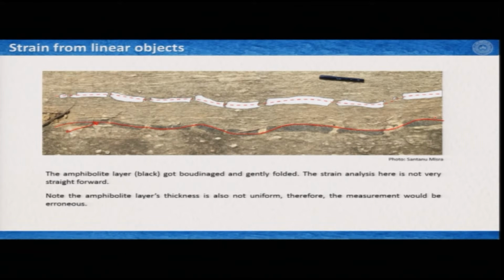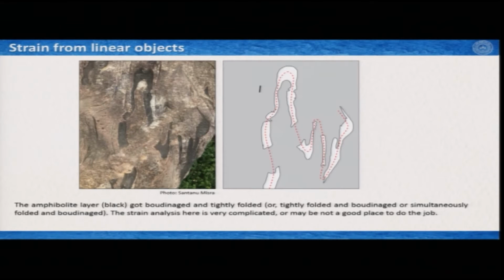That means it also got folded, the layer is not straight the way we have seen in the previous slide. So if you try to do measurement out of this, it is difficult. First of all, it is not recommended, and if you do, then you have to be very careful considering other factors. Now it can be even more difficult if you have a budinaged layer which is tightly folded.